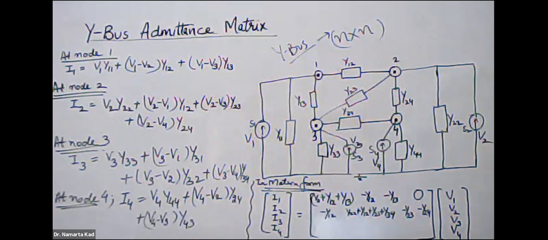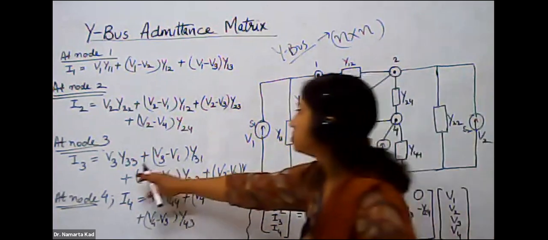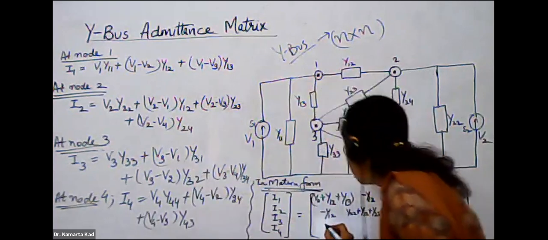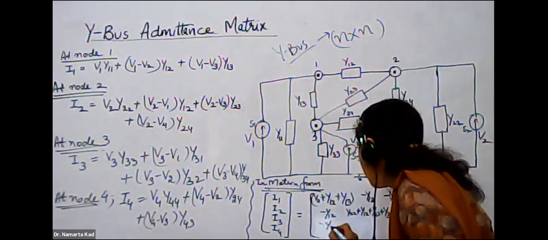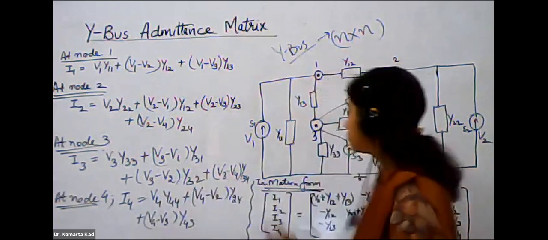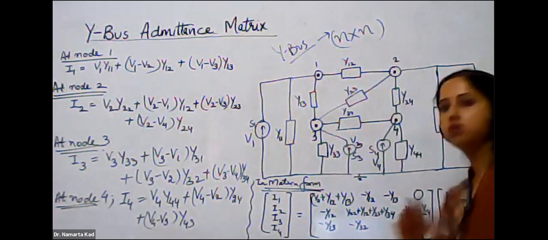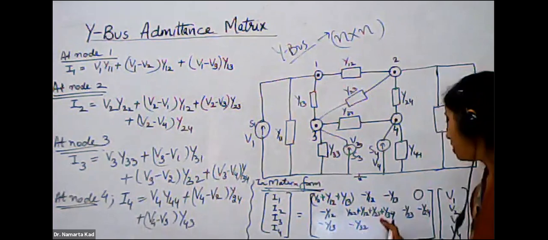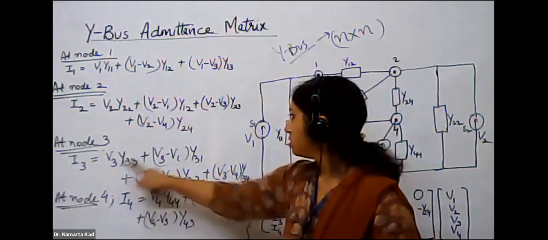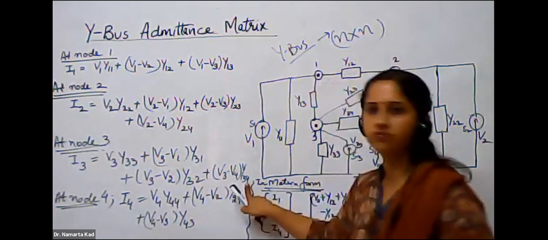Okay. Now the next element for the third row. So similarly it can be written with V1 it is minus Y13. With V2 it is minus Y32 or Y23. Okay. And with V3 there is Y33 plus Y13 plus Y23 plus Y34.